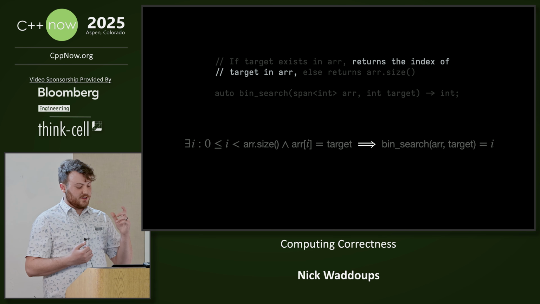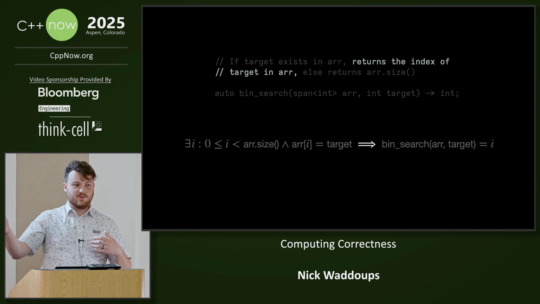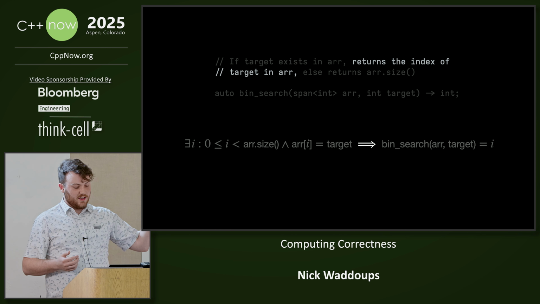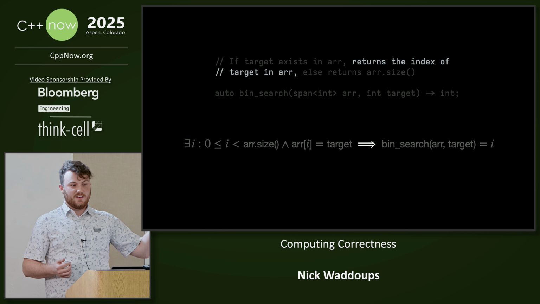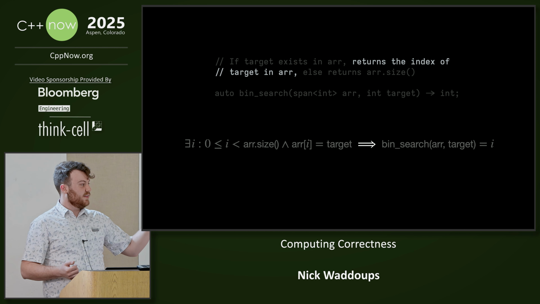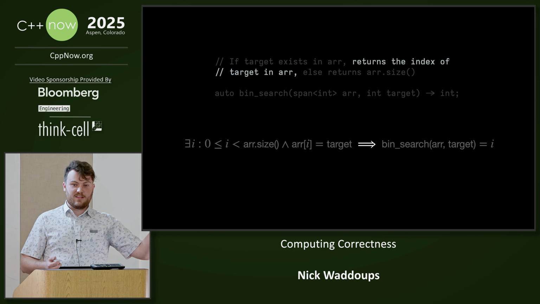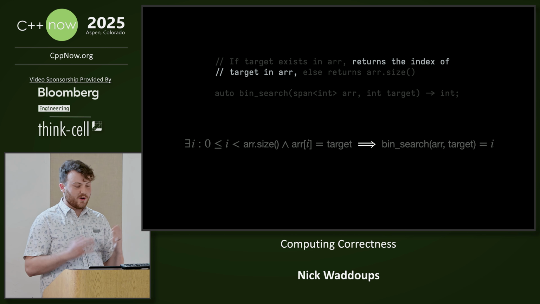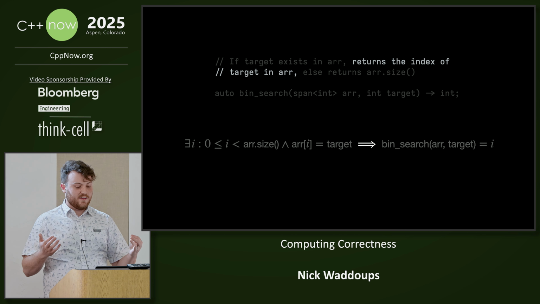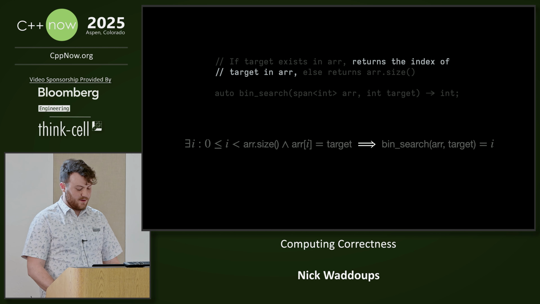Basically what implication means is it's kind of like an if-then-else-true statement. What we're saying on the left is, if there exists an index such that target is in the array at that index, then our function, binary search, should return that specific index. Otherwise, if that index doesn't exist, then we don't really care. It's just going to be a true proposition, a true statement.